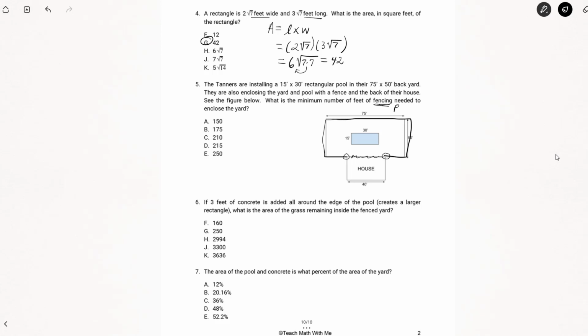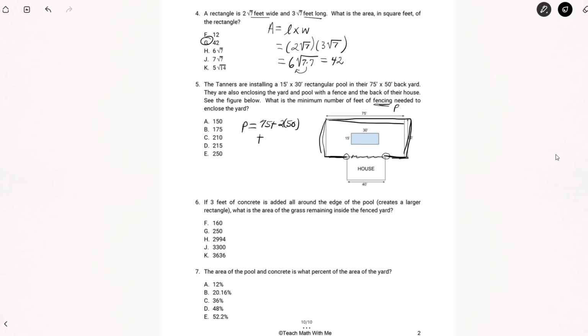So what's the minimum number of feet? Okay, we're looking for perimeter. We know we have 75 feet across here. We have 2 lengths right here of 50, so we could do 2 times 50. And then how do we determine this area here and here?